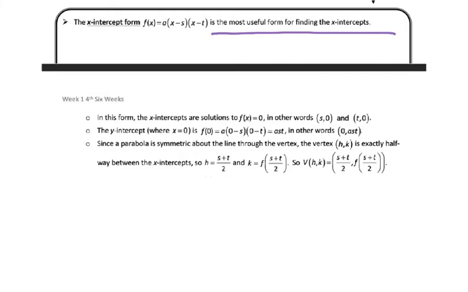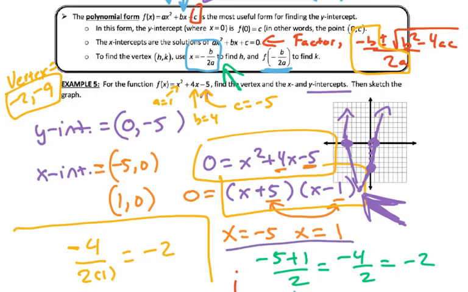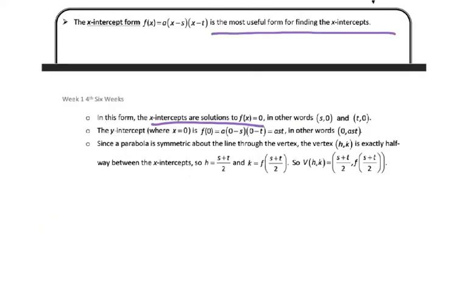In this form, the x-intercepts are the solutions to f of x equals 0. Again, it's fitting exactly with what I did here. The y-intercept is when you make x equal to 0.